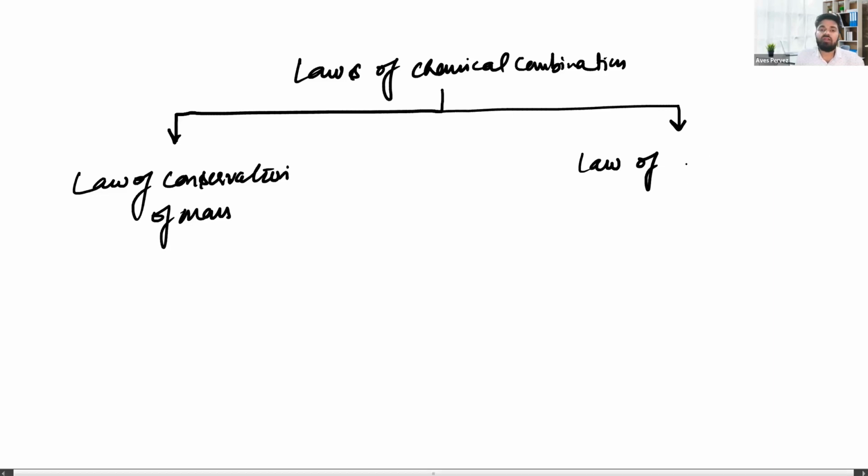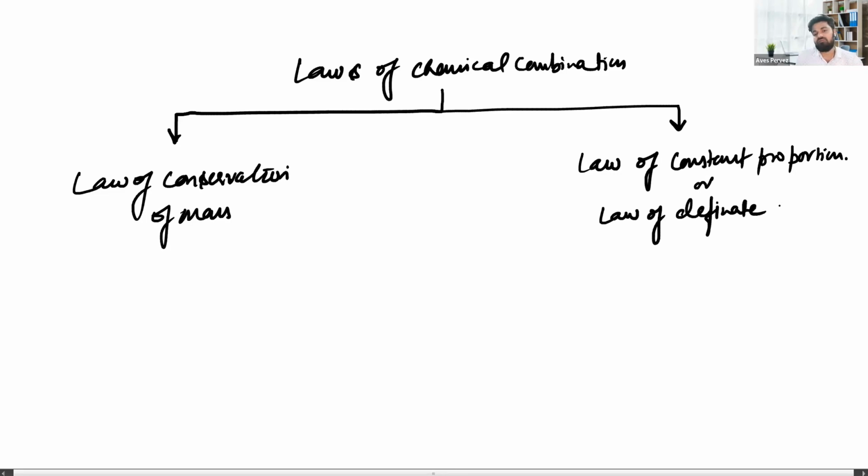Sorry, you can also write law of constant proportion. So it is the same.